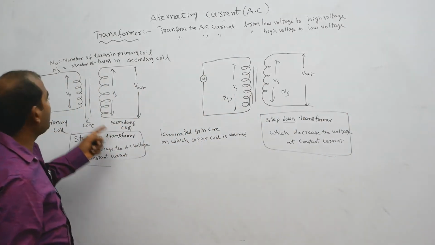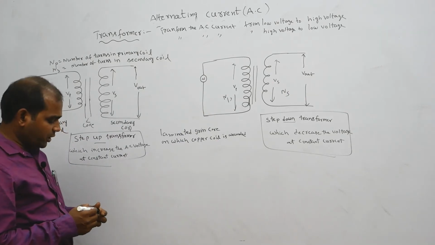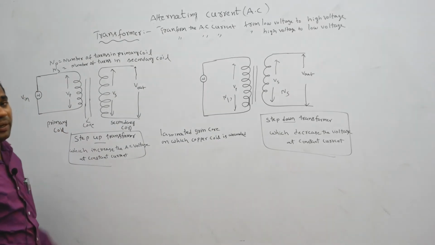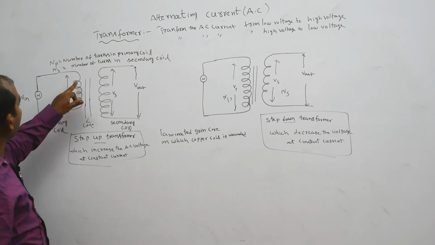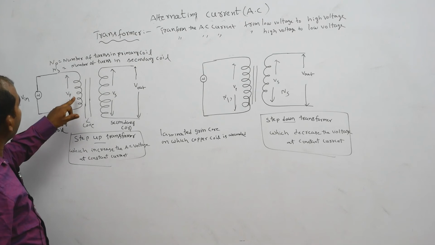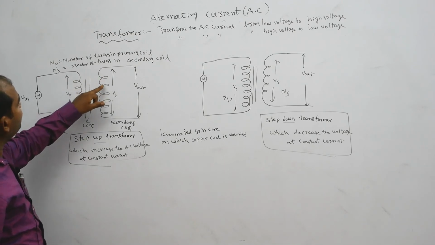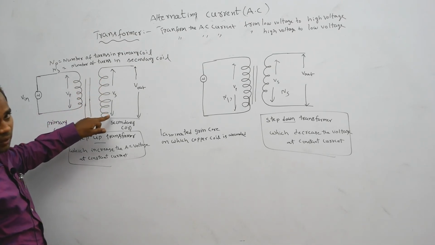How to differentiate the step up transformer diagrammatically? In the primary coil, I drew 1, 2, 3, 4, 5 turns. There are 1, 2, 3, 4, 5, 6, one extra.